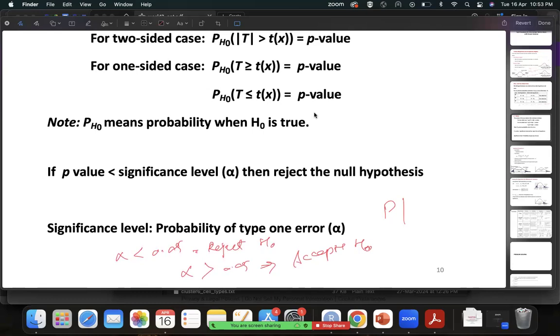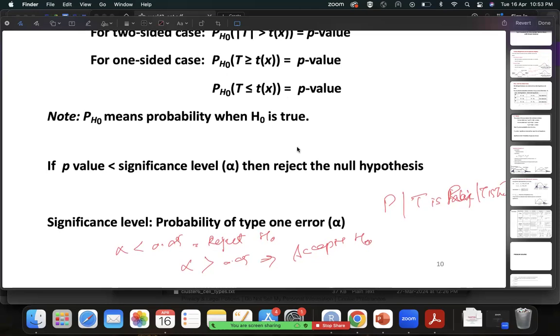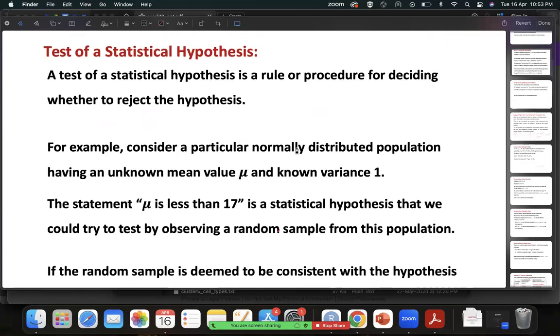Type 1 error is the probability that T is rejected given T is true. Let's look at these in more detail when we solve the problems.